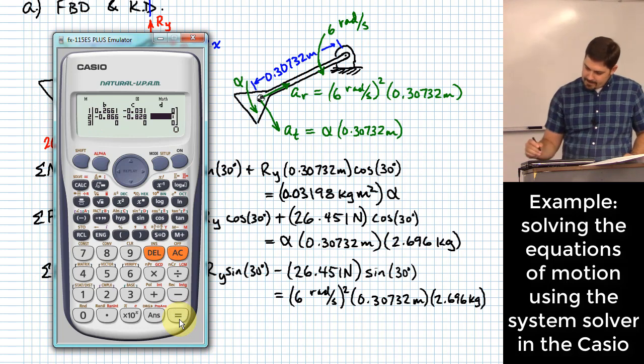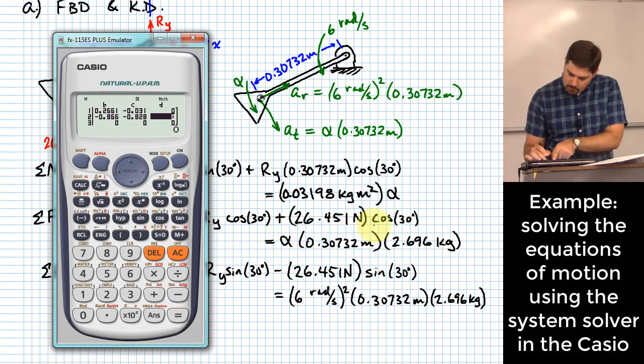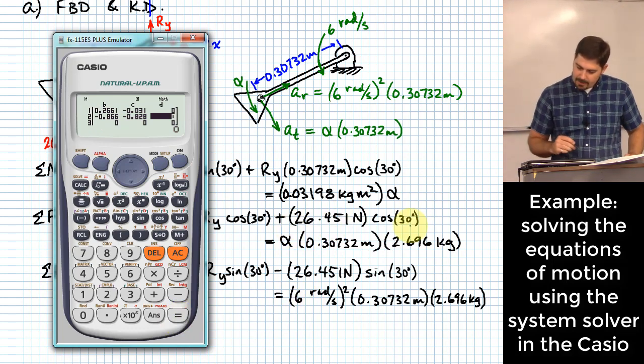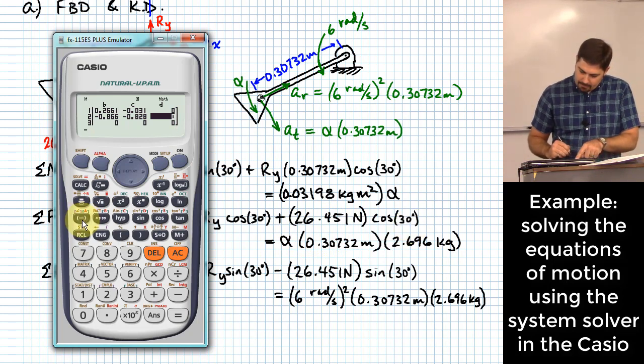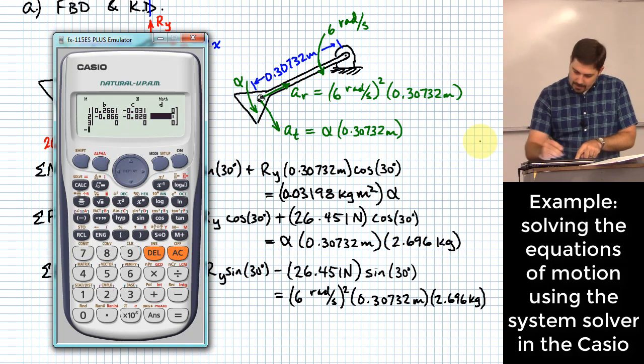Now I take this weight term and move it to the other side of the expression, which will make it negative. I stored that in D.